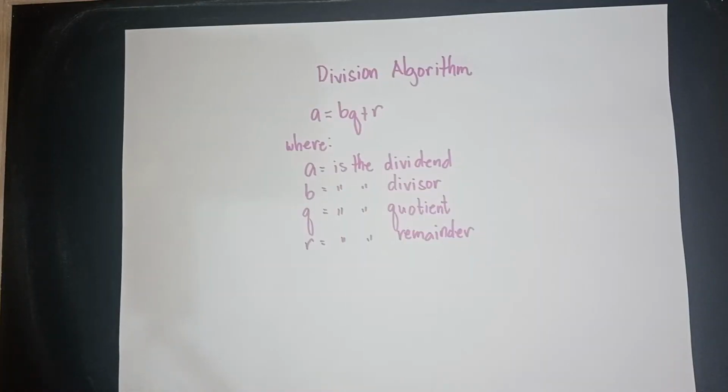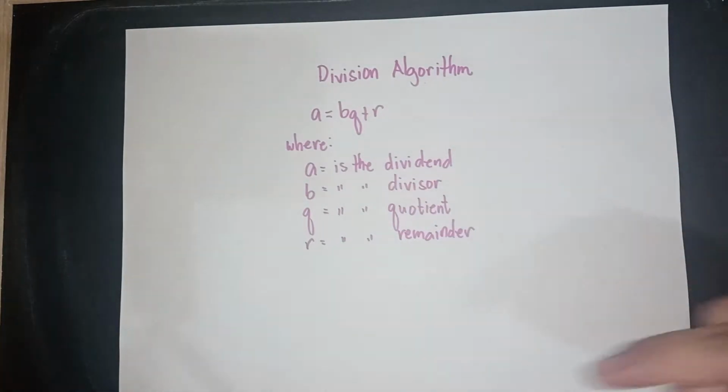We have A is equal to B times Q plus R, where A is the dividend, B is the divisor, Q is the quotient, and R is the remainder. So ito po yung gagamitin natin repeatedly hanggang sa makuha natin yung GCD ng given numbers gamit yung Euclidean algorithm at gamit yung division algorithm repeatedly.